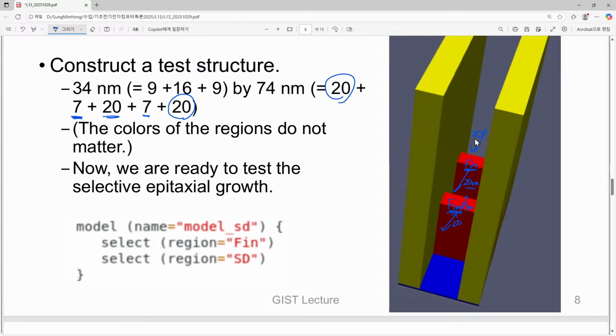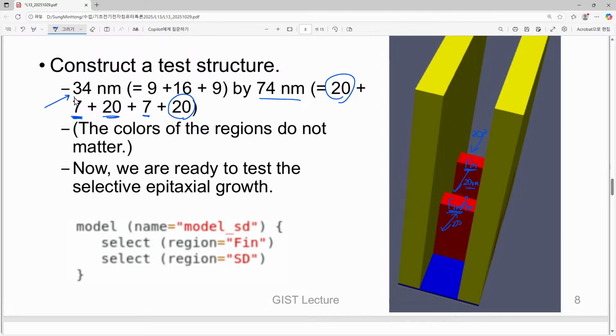You understand, this just shows a part of our wafer. This is the y-directional cross-section, and here we have the horizontal, x-directional one.